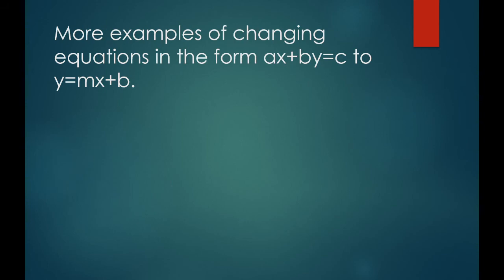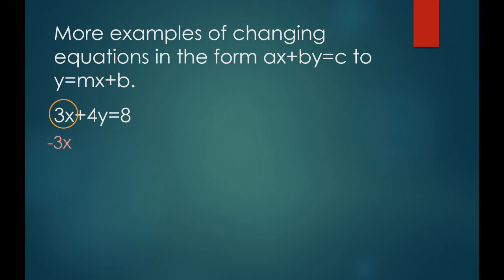Here are more examples of changing equation in the form ax plus by equals c to y equals mx plus b. Hindi na natin i-graph. Ko-convert lang natin. So, 3x plus 4y equals 8. We have to eliminate 3x so that 4y will remain on the left side of the equation.